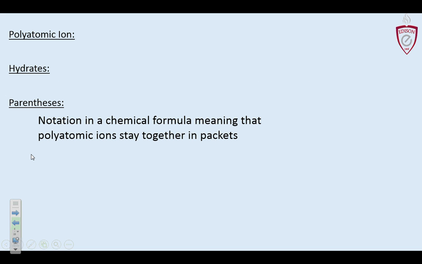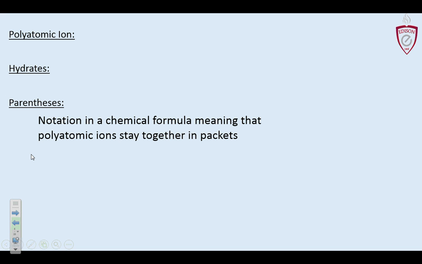Parentheses is a notation in a chemical formula that basically means the polyatomic ion sticks together in little packets. I could have two of them, three of them, or four of them, but I've got to put parentheses around that polyatomic ion before the subscript to show that it stays together. It goes along with the polyatomic ion. It's part of chemical notation, recognizing that this formula has multiples of groups in it.